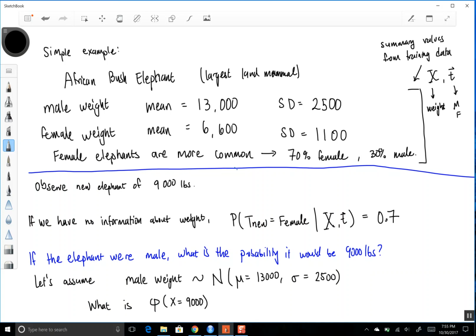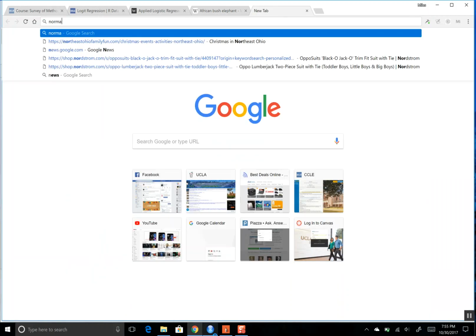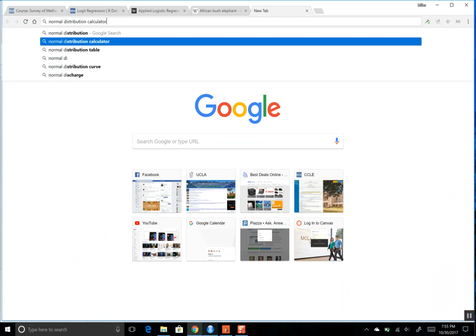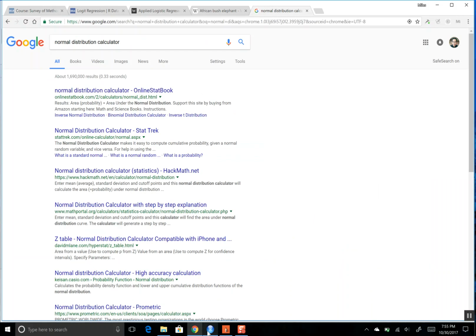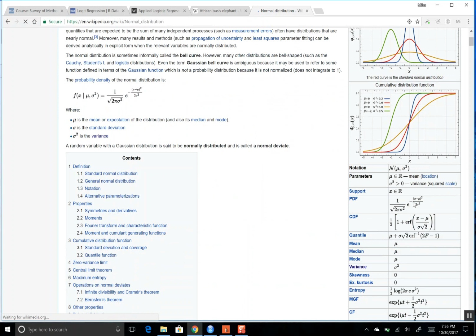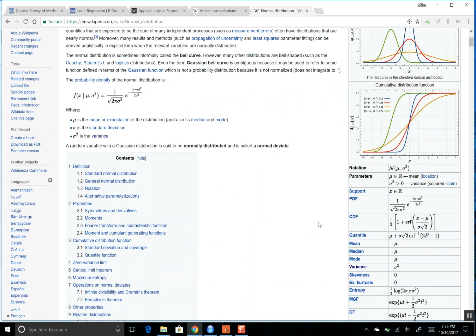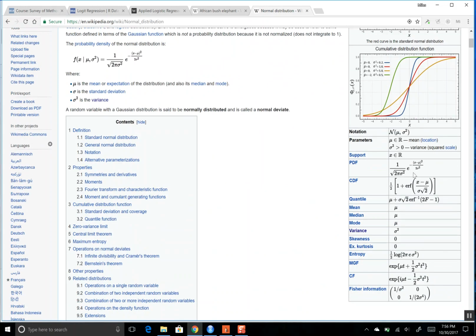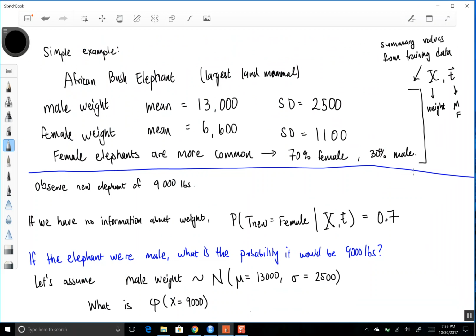All right, so we could look this up on Wikipedia and find the normal distribution calculator, plug in this thing and try to calculate this value, or we could just use the normal PDF in R. We could do dnorm. Are you guys familiar with the normal PDF function in R? Yeah. Okay.